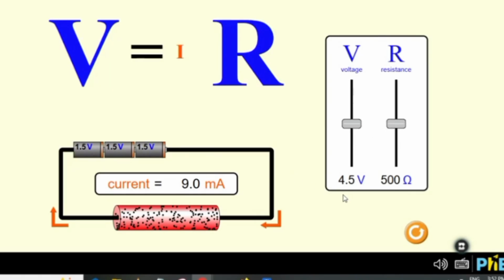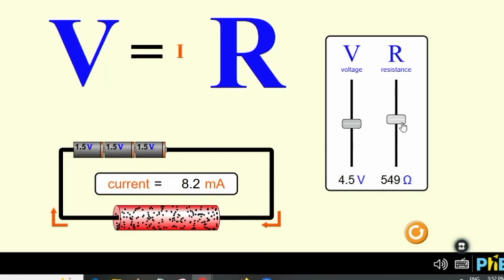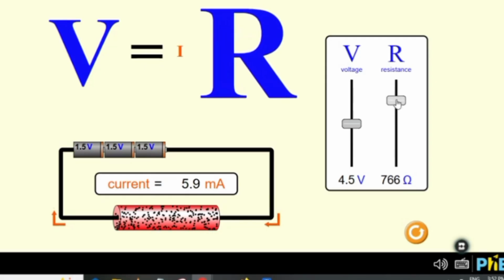If we change voltage or resistance, current would change, just like this. When we increase resistance to, let's say, 633 ohm, current is 7.1. And when we decrease resistance, current increases. So this is how resistance and current are related.